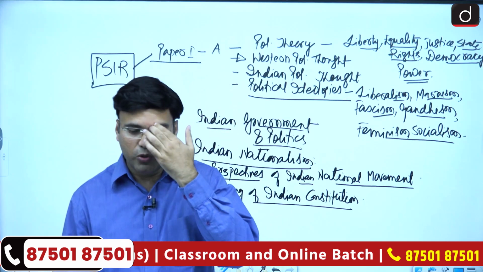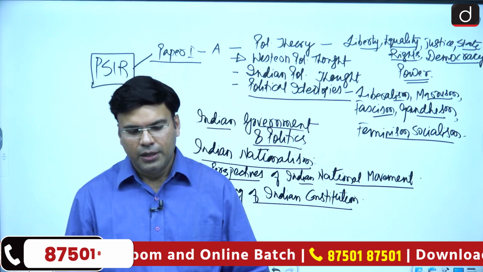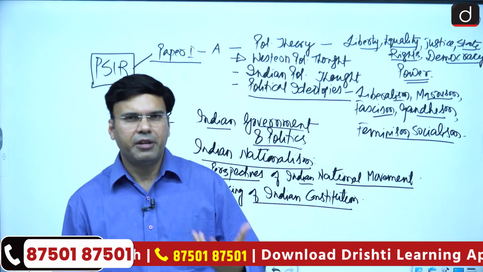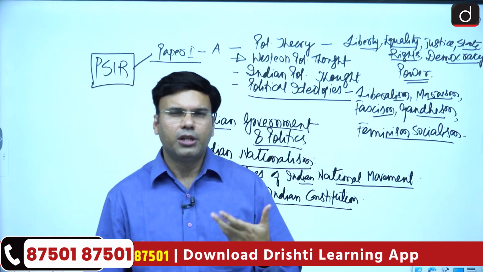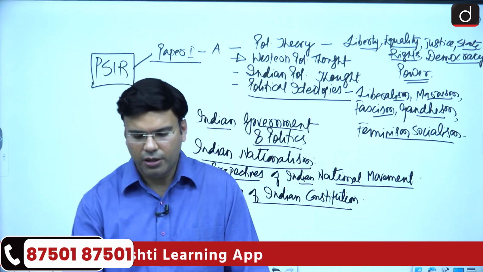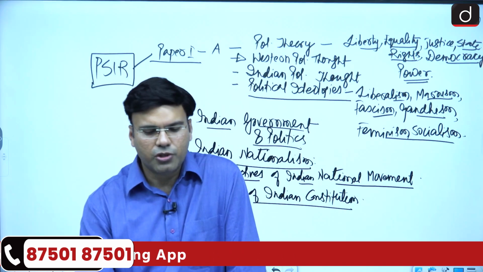So where could we trace those legacies? Okay, and within the Constituent Assembly, while we are framing the constitution, what are the different political, social perspectives that exist within the Constituent Assembly? So a very interesting area of study with regard to the Constituent Assembly.